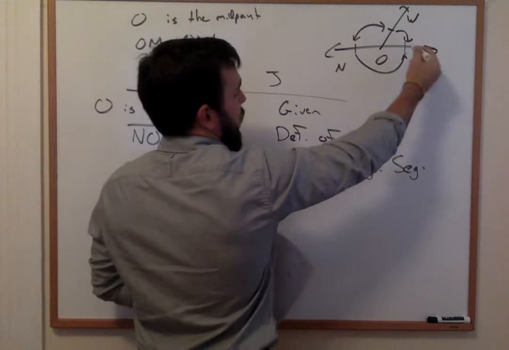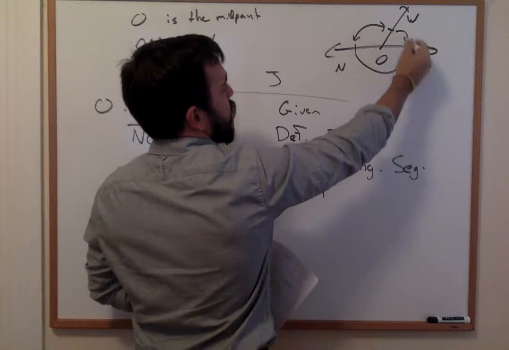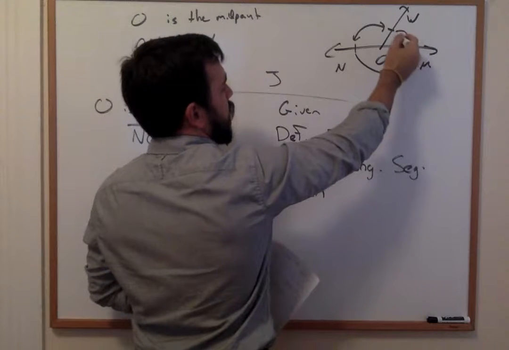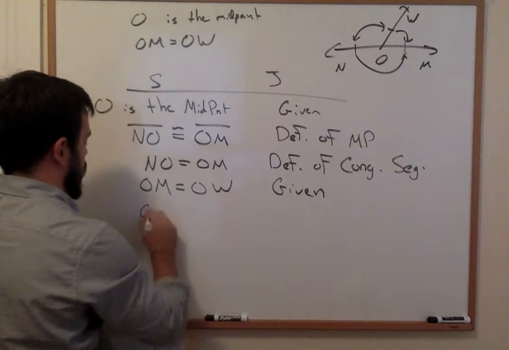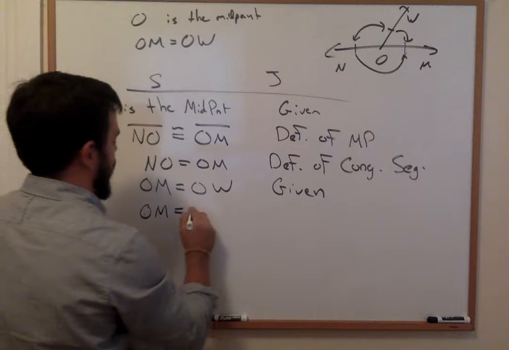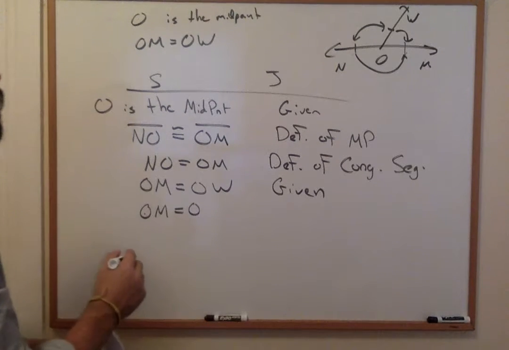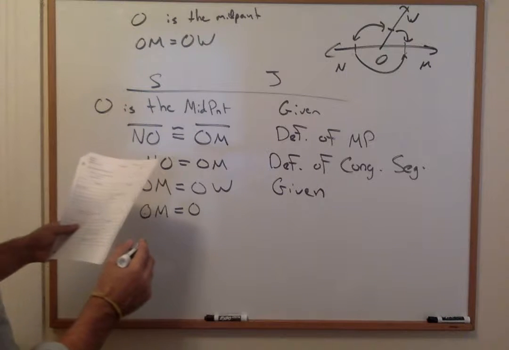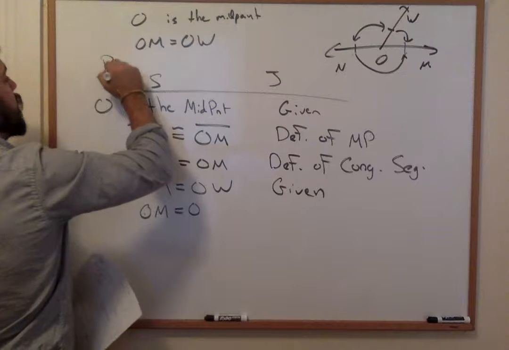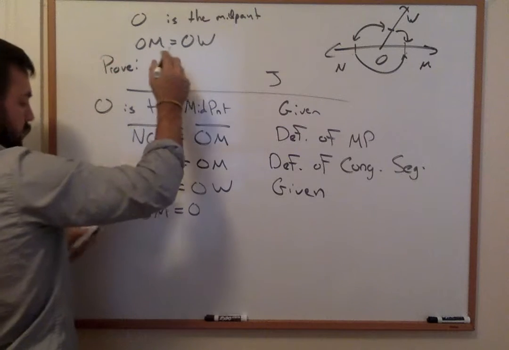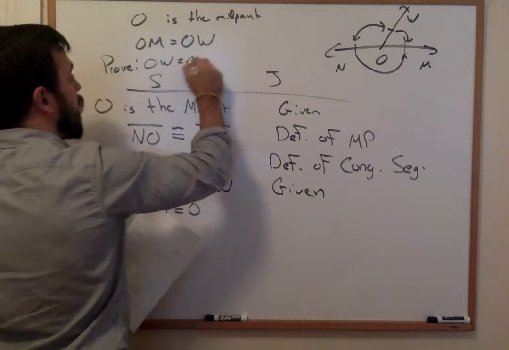So since NO and OM are equal, and since OW and OM are equal, by the transitive property, OM and OM. And we're looking to prove, sorry guys, we are looking to prove that OW equals ON.